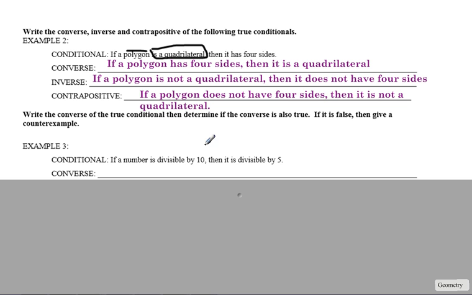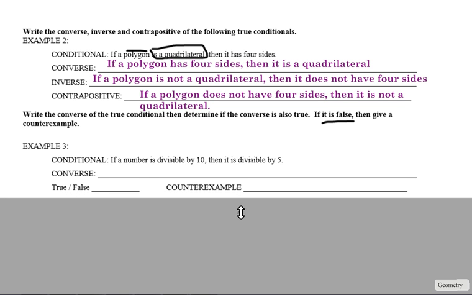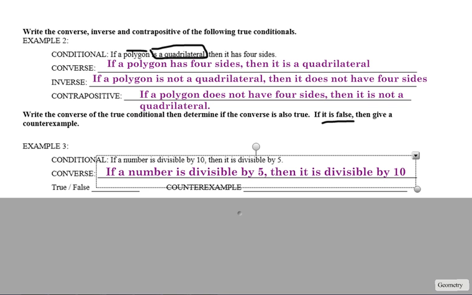Now write the converse of the conditional statement and then decide if it's still true. If it's false, we're going to give a counterexample. Remember that word counterexample, when you prove something false by giving an example of why it's false. So go ahead and find the converse of this and then tell me if it's true or false, and if it's false, I need a counterexample. So pause the video and take a minute to figure those out.